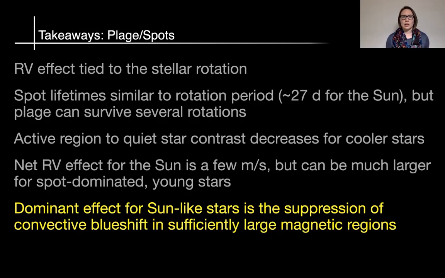For our sun, the net effect from the photometric side of things for spots and plage is a few meters per second, but the spots can be a much larger effect if you're going to more active stars. Usually they tend to be younger stars rotating very fast, and you can have up to 100 meters per second or more in terms of just spot variability.